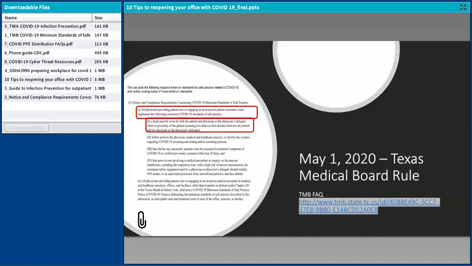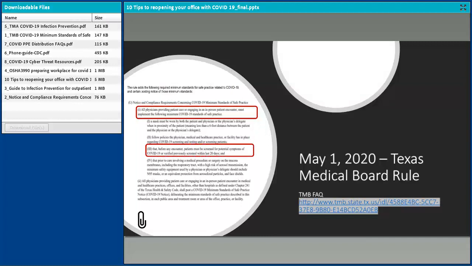The first one is that a mask must be worn by both the patient and the physician unless they're within less than 6 feet between the patient and the physician. We must also follow policies of the physician, medical, and healthcare practice for the facility for COVID-19 screening and testing and or screening patients. And Kathy will discuss this in a little bit more detail later in the presentation.